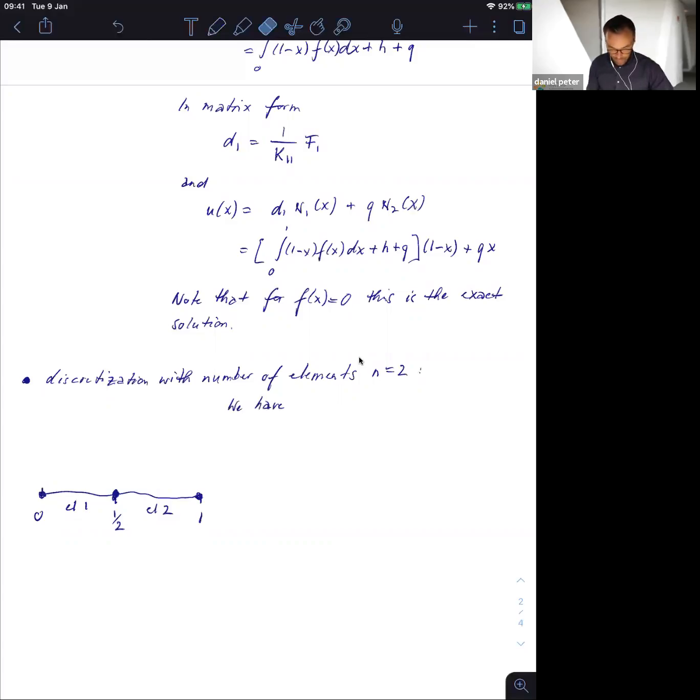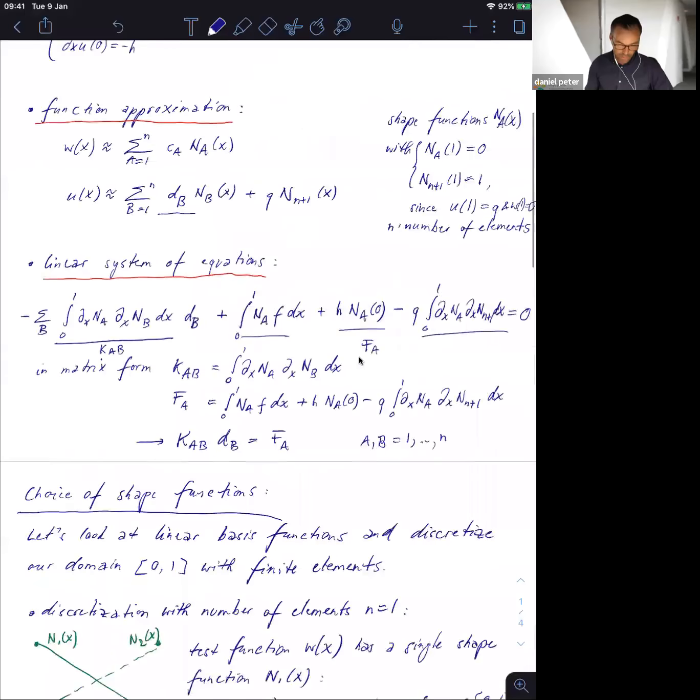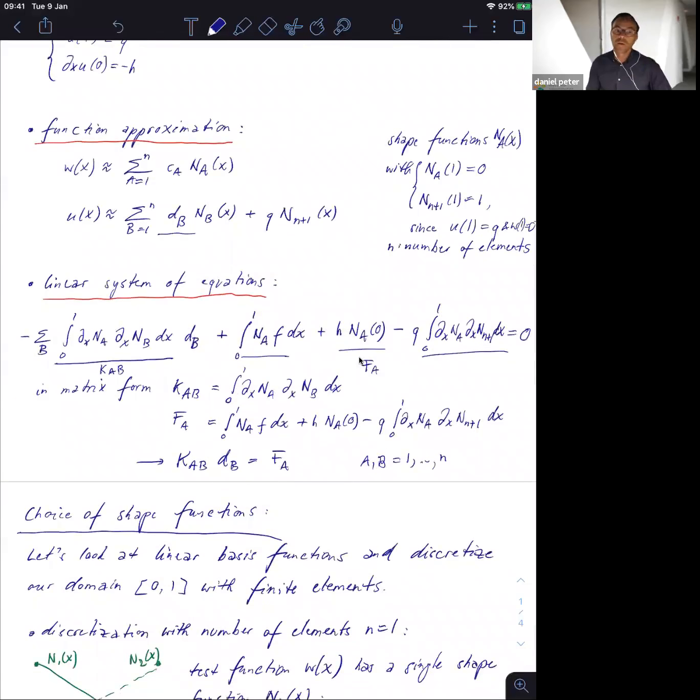Now let me quickly state that for our test function, so let's come back here to the function approximation. n is now 2. So for the test function w, we have 2 shape functions, n1 and n2. And for the solution field u of x, we will have this n plus 1, so the third shape function then. So let's write that down.